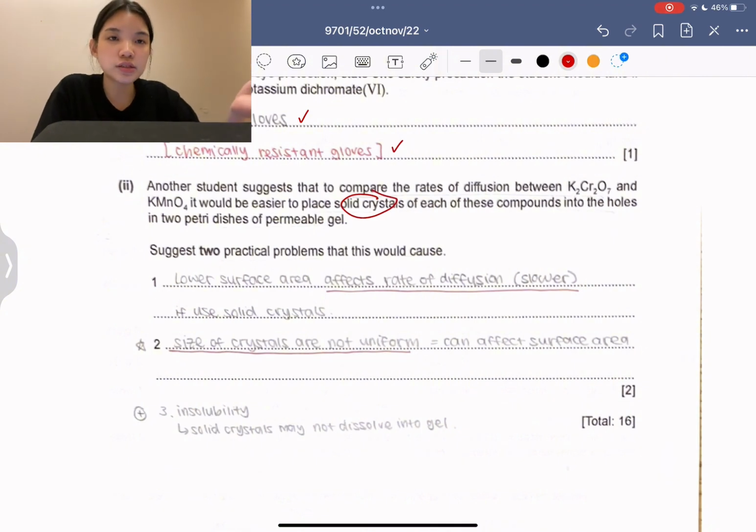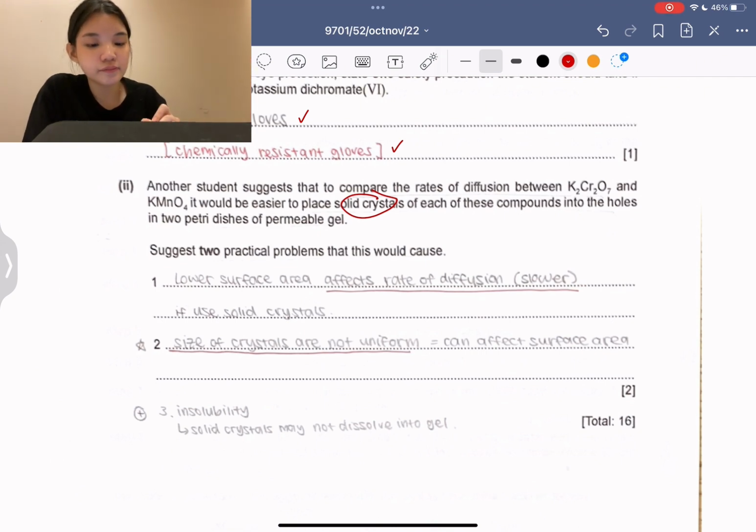So solid crystals are obviously going to be more difficult to diffuse into the permeable gel because they're in solid form rather than aqueous. It's also because there is a lower surface area with solid crystals, so you could say it affects the rate of diffusion.